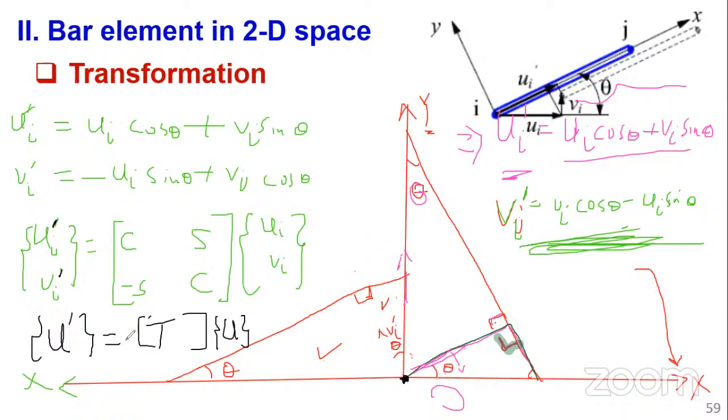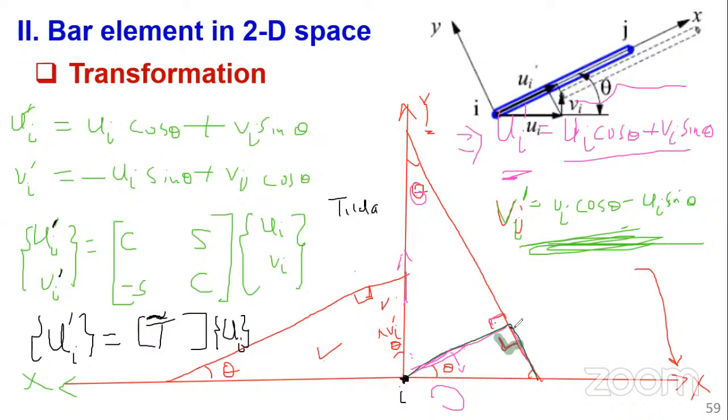And because these are quantities for just one node, node i, we've transformed them to the global coordinate system for node i. So we put this mark here, I don't know whether you call it a tilde, a wavy line on top, to say this is just for one node.